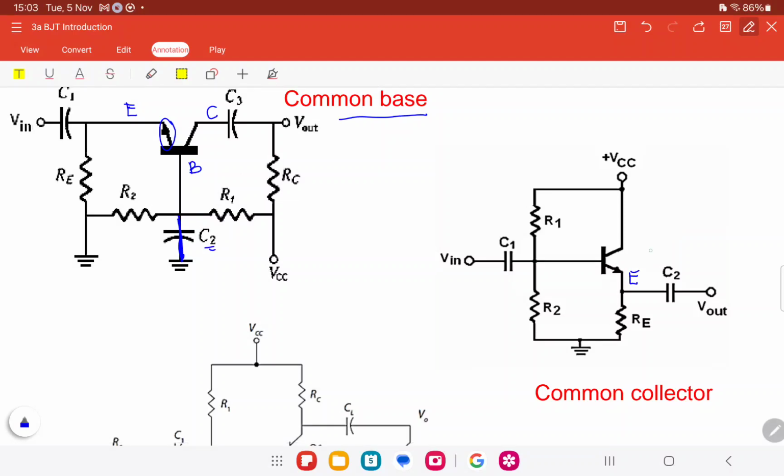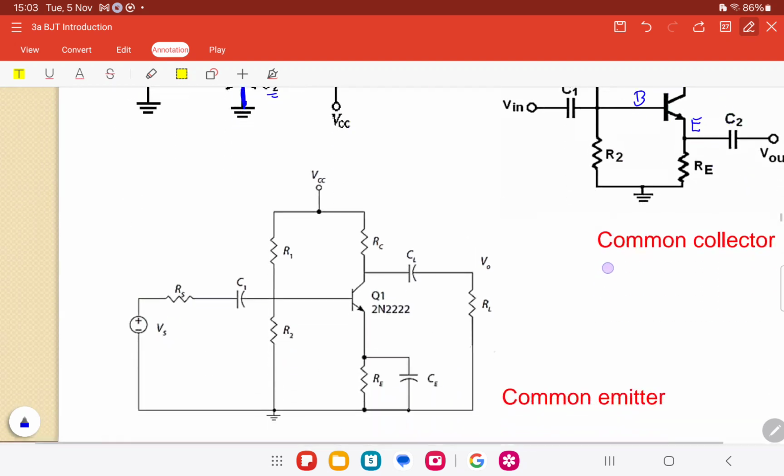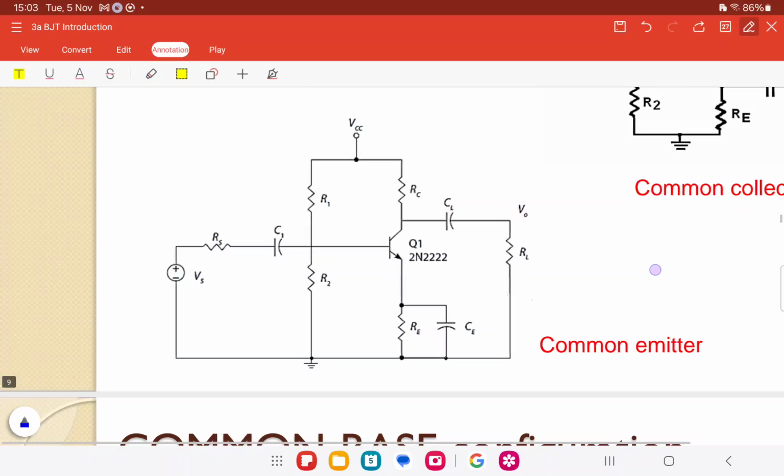This is E, C and B. Okay, for common collector, this one for AC analysis, this one we consider connect to ground. So it's like yang ini pula pergi ke ground kan. Okay, and this one is common emitter.